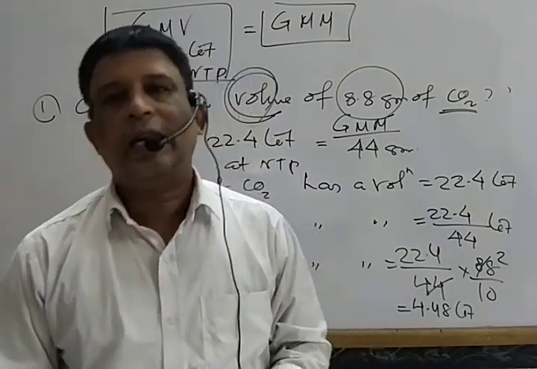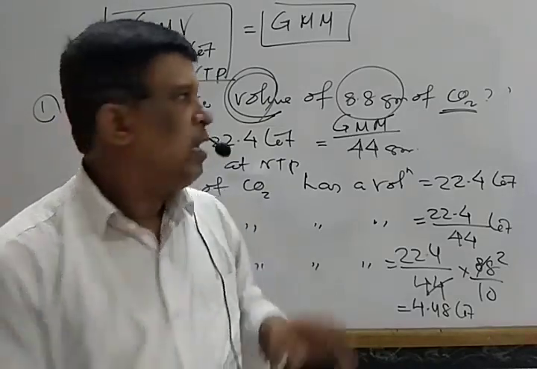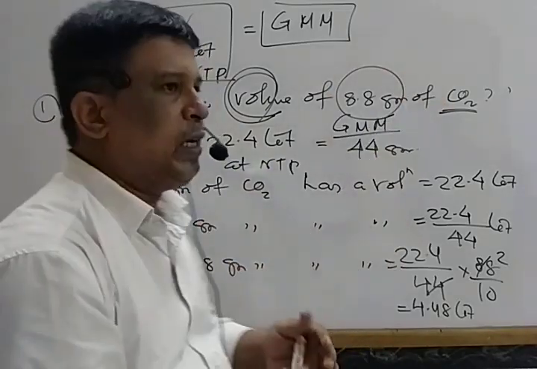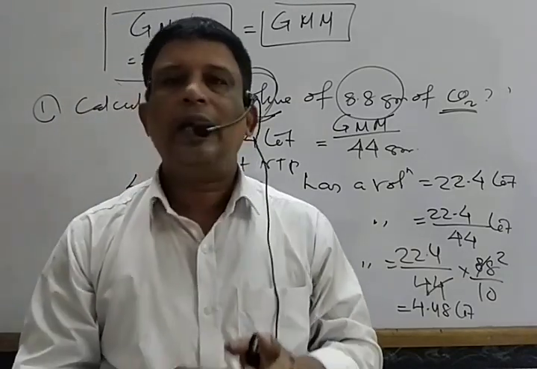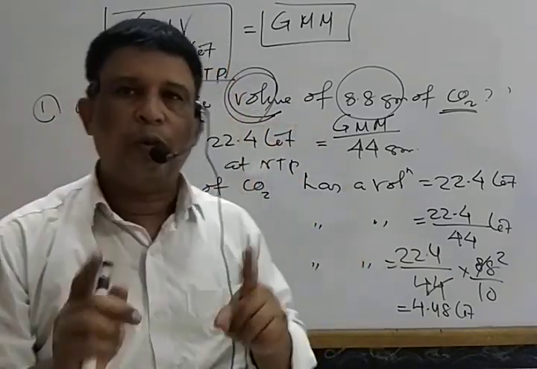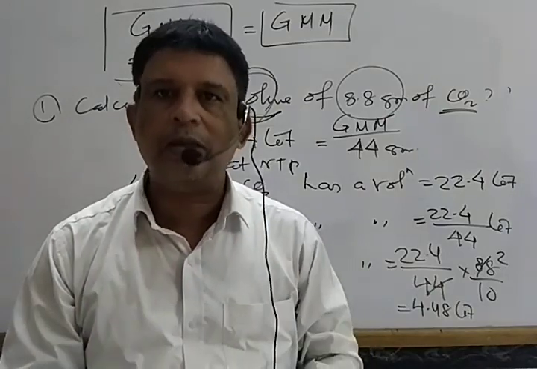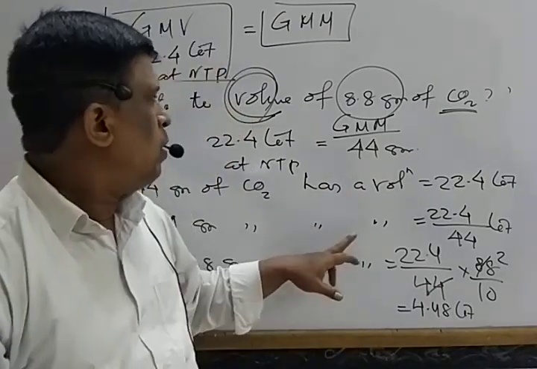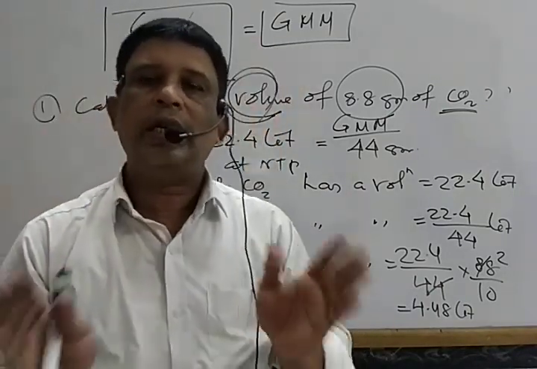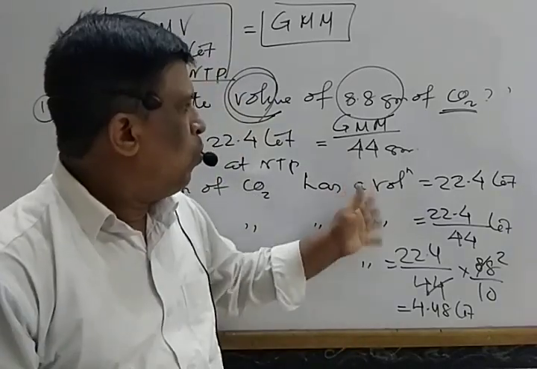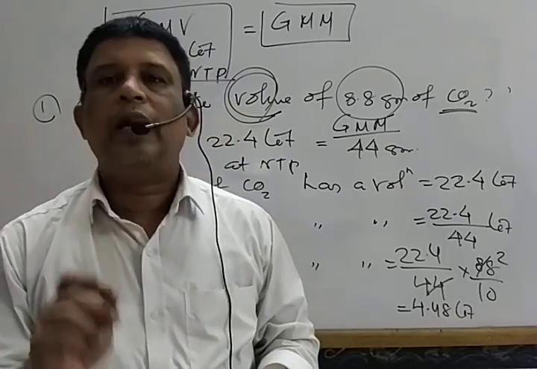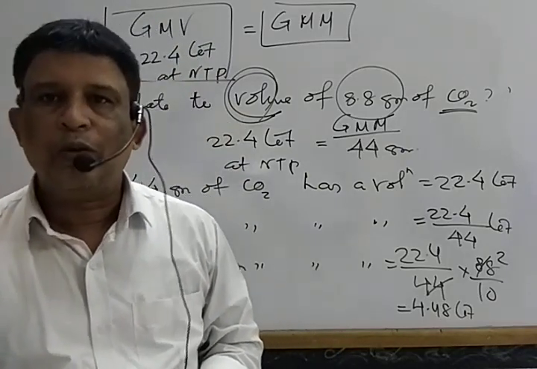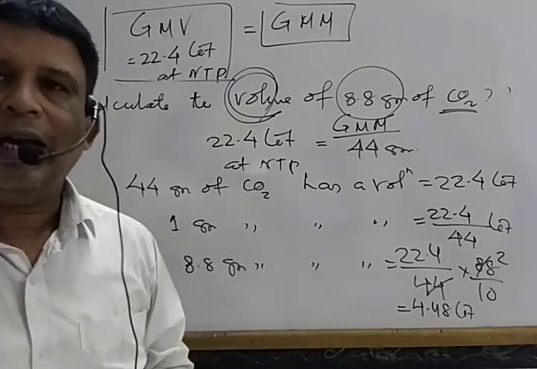It is fixed, that is 22.4 liter. These three terms are interrelated with mole. That means 1 mole is equivalent to Avogadro number of molecules, Avogadro number of ions, Avogadro number of atoms. 1 mole is equal to mass, its molecular mass, and 1 mole of that molecule possesses a volume of 22.4 liter at NTP.